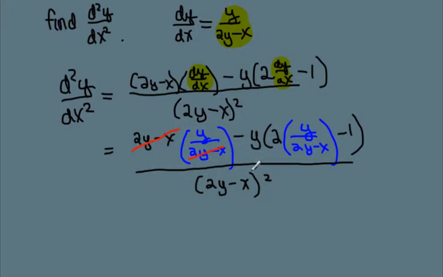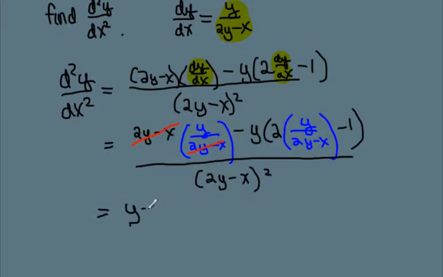So in the next step, I'm going to try to clean this up a little bit. In the numerator, I'm going to end up with just a y. And over here, I'm going to end up with negative 2y squared over 2y minus x.